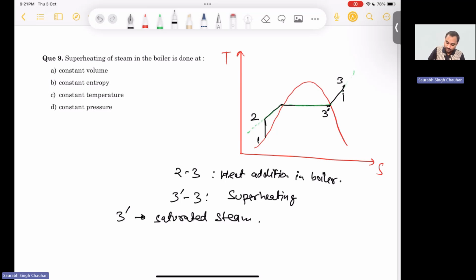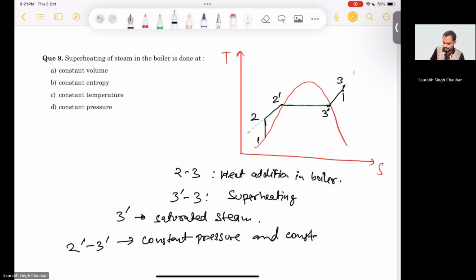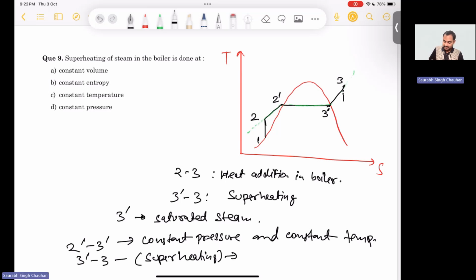But in between this dome, from 2 dash to 3 dash, it is constant pressure and constant temperature. But 3 dash to 3, which we are calling superheating, the pressure is constant, but temperature increases.